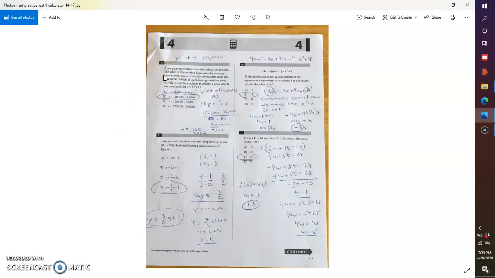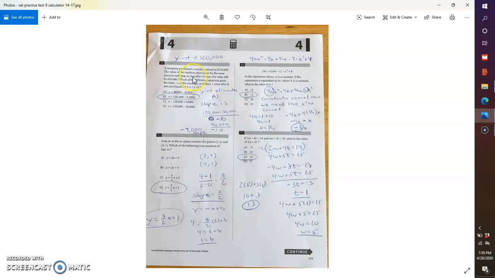The next one, another equation of a line. We have a company who purchased a machine valued at $120,000. So right away, we need to recognize that's our starting point. So A is no longer an answer. It's got to be B, C, or D, because the value of that vending machine depreciates by the same amount each year. When something depreciates or appreciates at a constant rate, that means it has a constant slope.